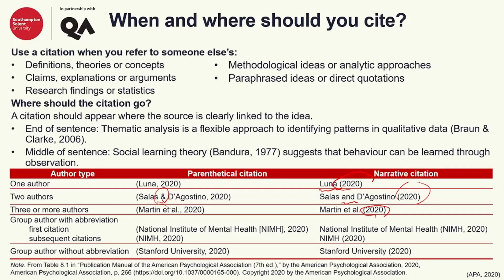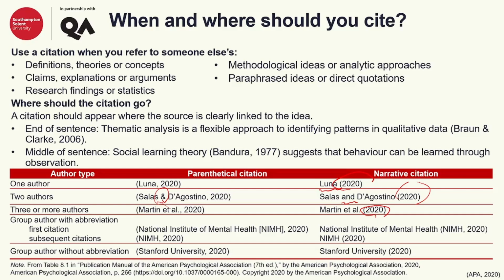Subsequent citations may then simply use NIMH 2020. If the group name does not have a useful abbreviation, write the complete group name each time, such as Stanford University 2020. The main principle is clarity.